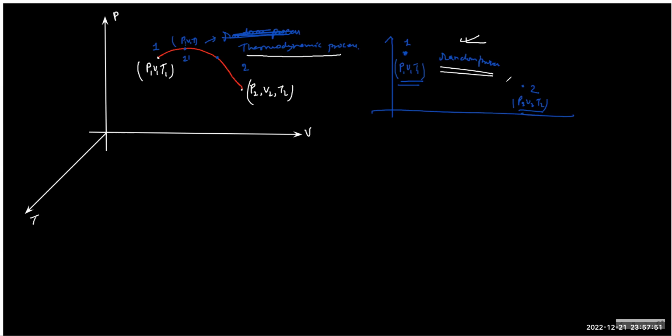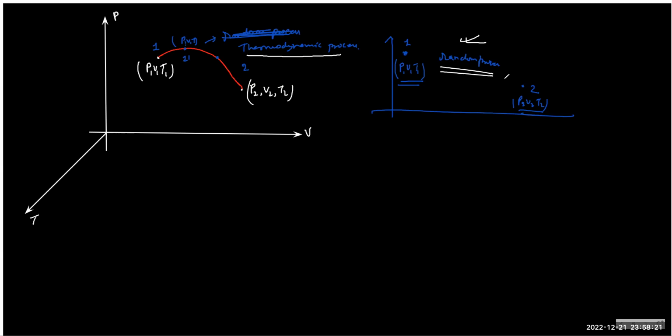Because let's say you have a gas in a container, and you suddenly throw in a matchstick or a burning lighter or maybe a hot coal. So will the temperature in every corner of the container have the same value, or will it be more near the coal and less away from the coal? More near the coal and less away.